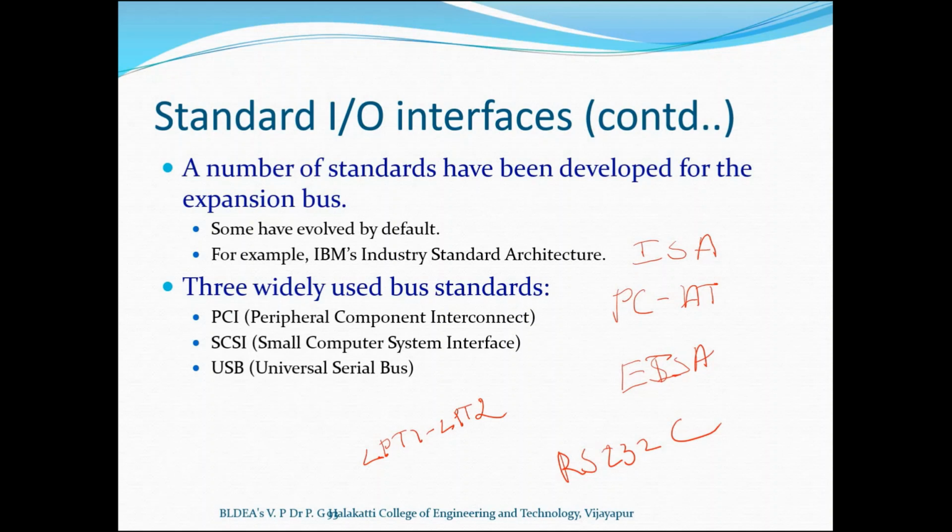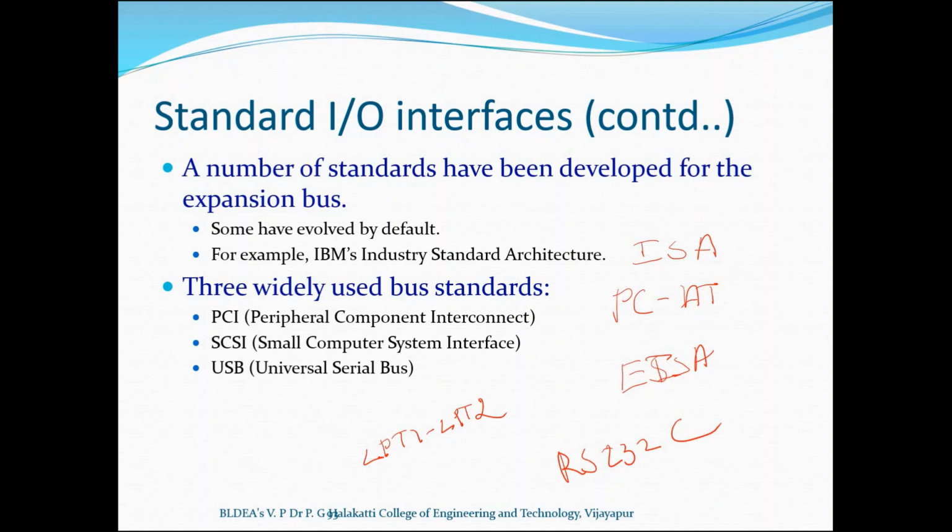In many cases, organizations such as the IEEE, ANSI, IEEE stands for Institute of Electrical and Electronics Engineers, ANSI stands for American National Standards Institute, and international bodies like ISO, International Organization for Standardization, have recognized the interfaces designed by the industry and given them official status in order to have a common platform for information interchange among devices and computers manufactured by different companies.